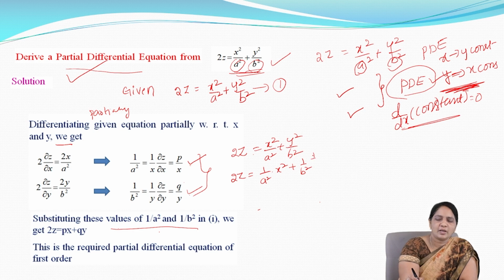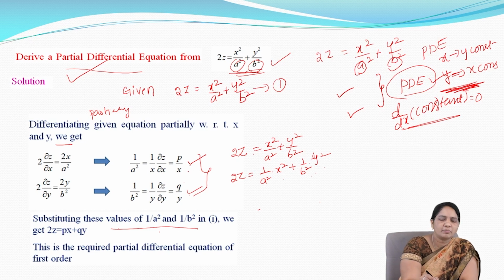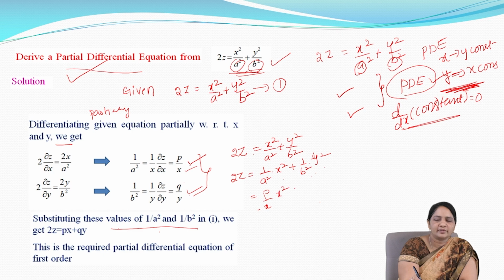So here I am writing this equation as 1 by a square into x square plus 1 by b square into y square. What is the 1 by a square value? p by x. I am substituting here p by x into x square plus 1 by b square, whose value is q by y, into y square.